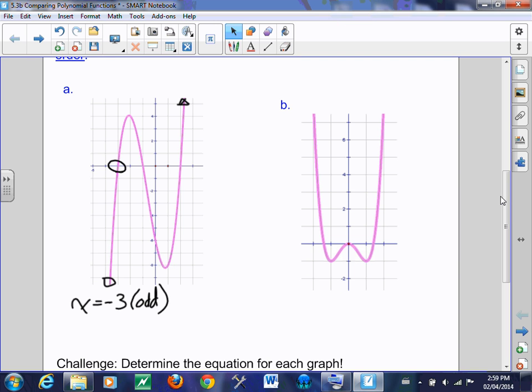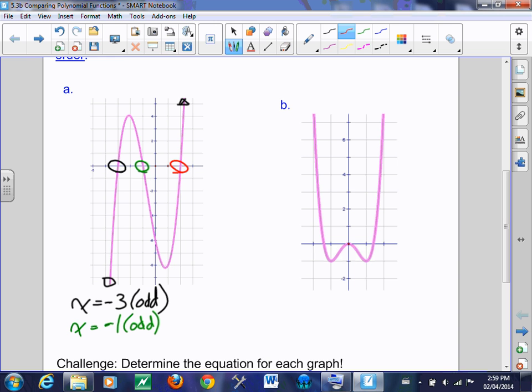Looking at the next one, we have x equals -1. Looking at that, it starts positive, ends negative, so we call that odd. And we'll look at the last one here, x equals 2. That again is an odd behavior because it changes direction.